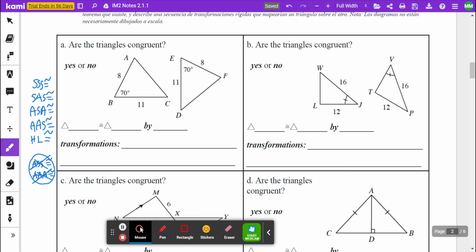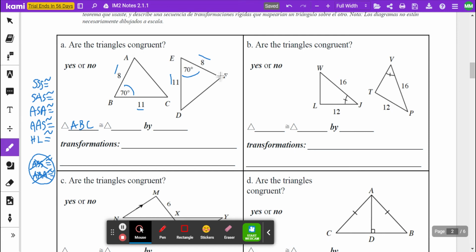Part A, are the triangles congruent? The information we're given is two sides and an included angle. And it looks like we've got congruence for each of these sides, and with the included angle, so yes, they are congruent. ABC is congruent to, let's make sure I do these in order.